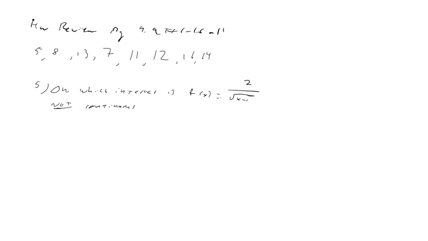Not continuous. And we have some choices. A is 2 to infinity. B is parenthesis 1 to infinity. C is bracket 1 to infinity. And D is 1 to 2, parentheses. On which interval is that not continuous?